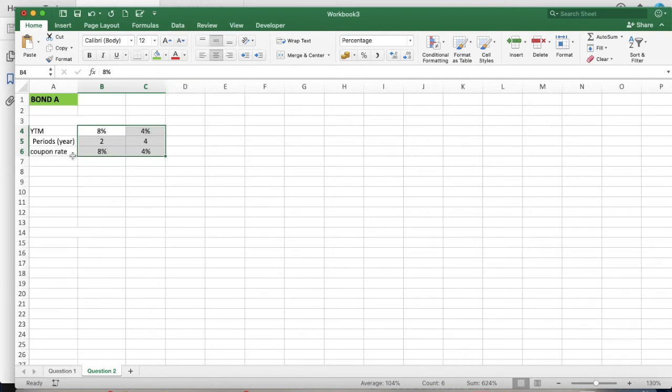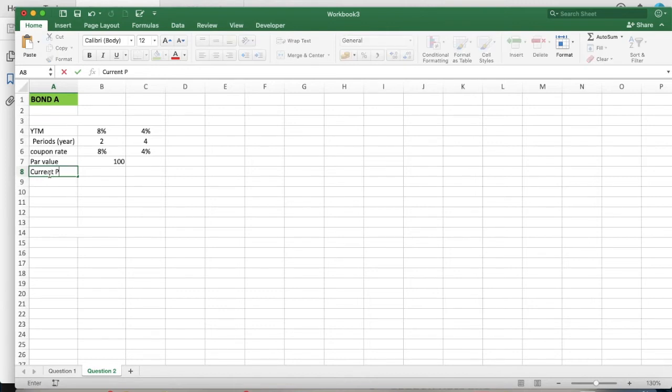And don't forget the par value is equal to $100, and the current price is also $100, right? So these numbers are for annual basis, while these ones are for semi-annual basis.